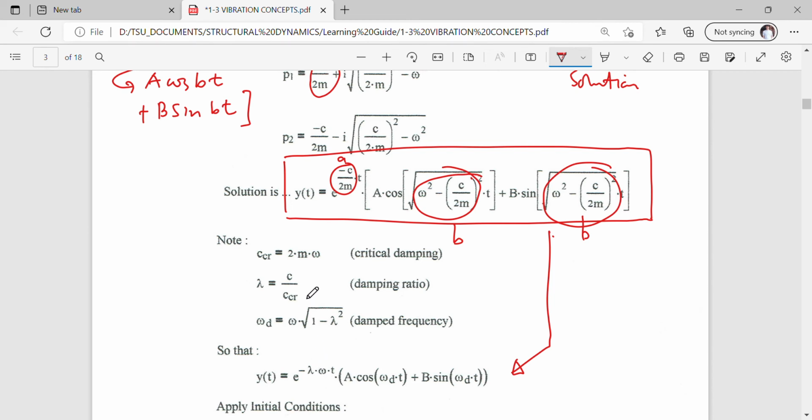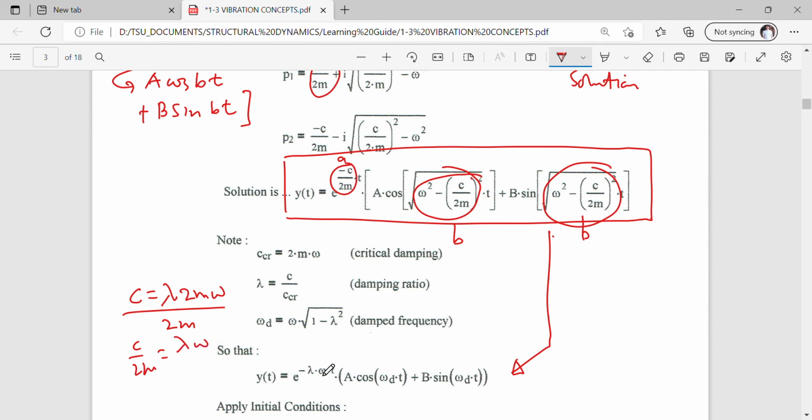Okay, so how did that, paano nakuha yon? So, we simply substitute c is equal to lambda c_cr, so this is 2m omega. If I divide this by 2m, so this becomes c over 2m is equal to omega lambda.